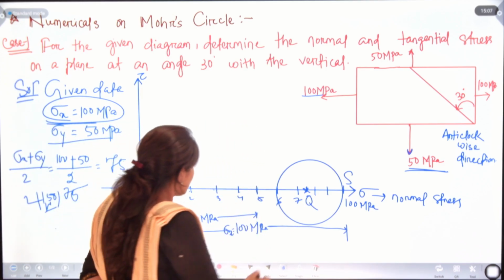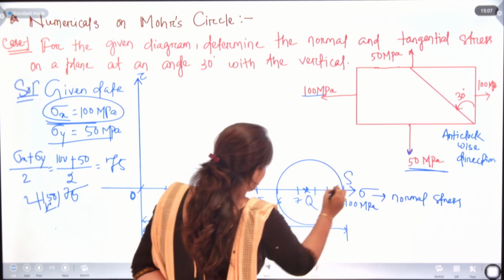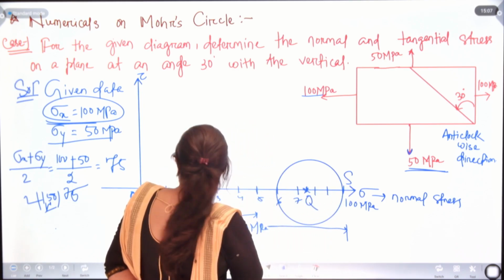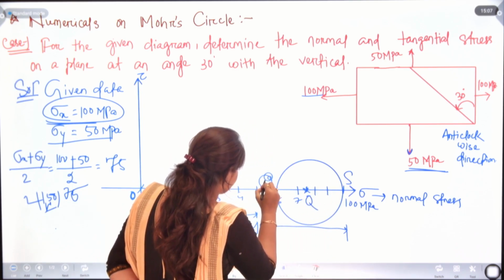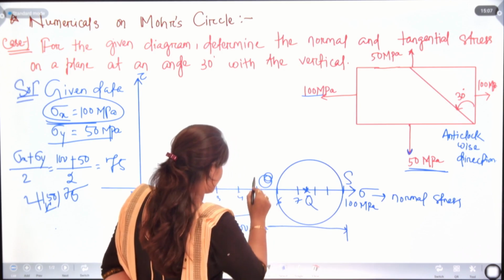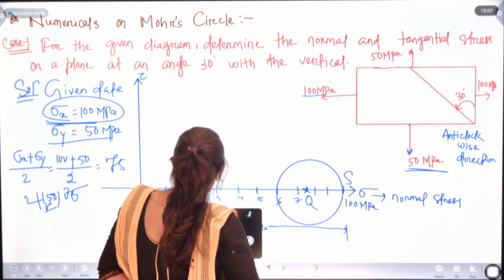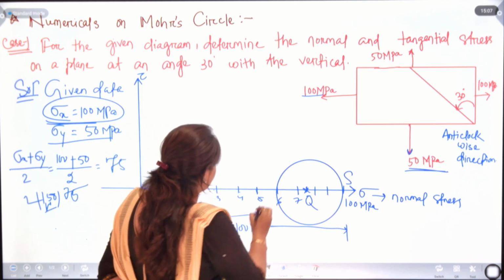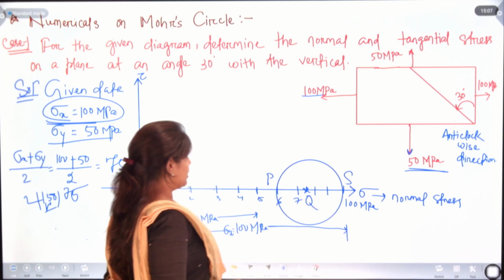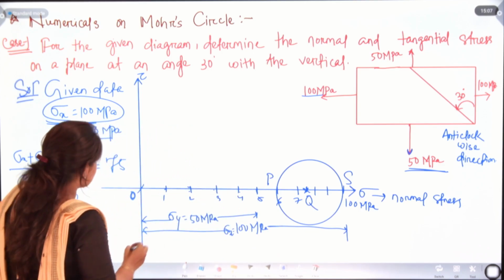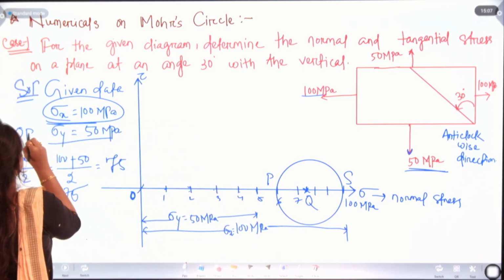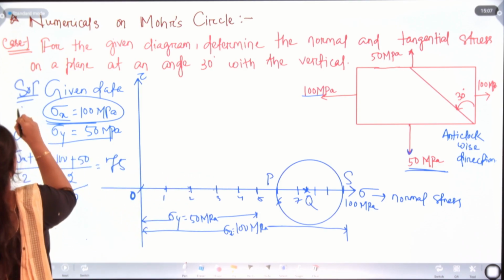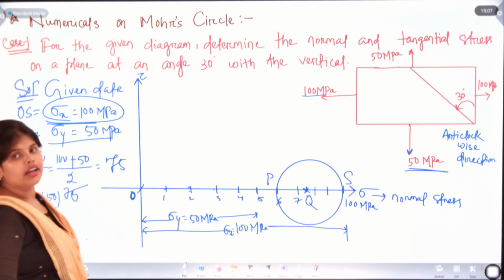Now, let this point be S, and for the point sigma y, we will take that as P. So OP is sigma y and OS is sigma x.